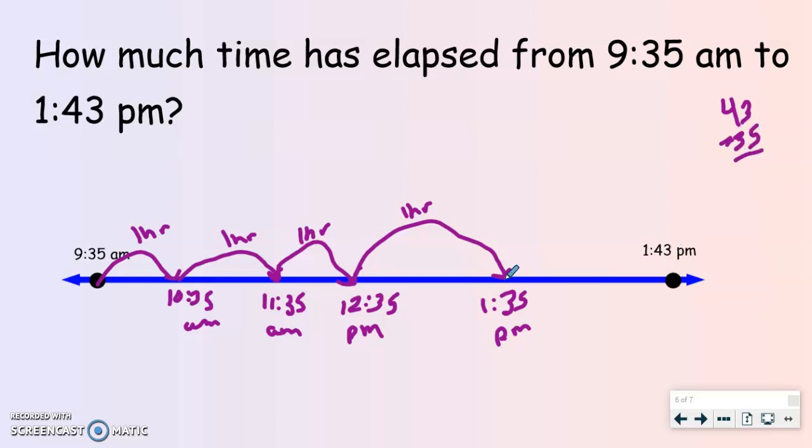Or if you just want to keep adding, I'll just add 5 minutes here. And then that'll take me to 1:40 p.m. I need to get one of those mice that's a pen, so it makes it a lot easier. And then I just need to get to that 3. So I'm at 1:40, 1:43. Well, I know that that's just 3 more minutes. So if I just add 3 more minutes here, I'll get to 1:43.